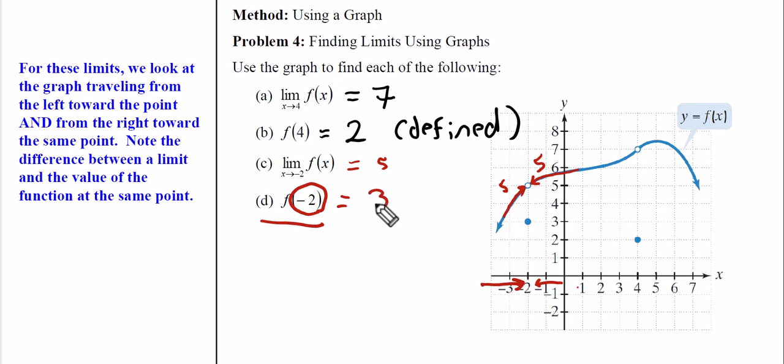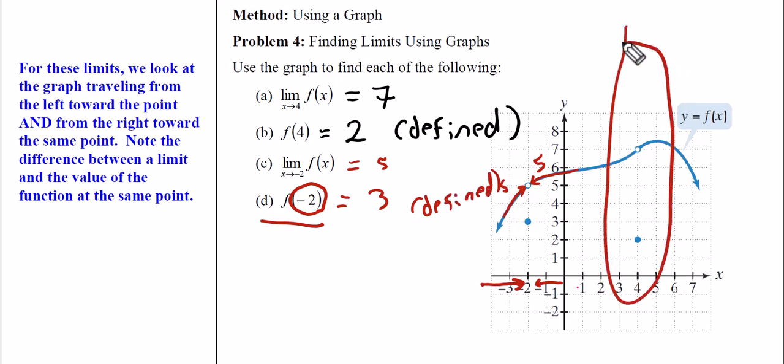So just be aware that the limit is what we expect to be there when we get there. And the function is telling us what is actually there, if it's there. So in this case, again, it's defined. You saw previously what happens when things are undefined. Undefined would mean that there are no closed dots anywhere or a closed portion of the graph anywhere along this value. For example, at 4, there would be nothing that's actually dark.